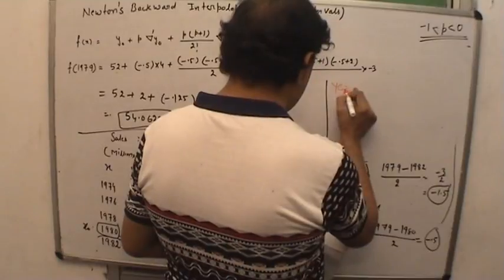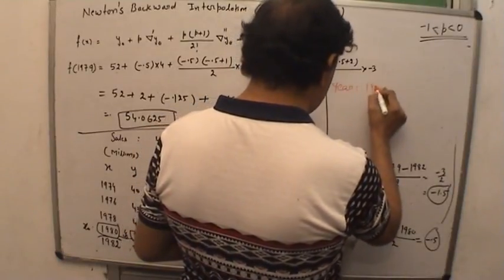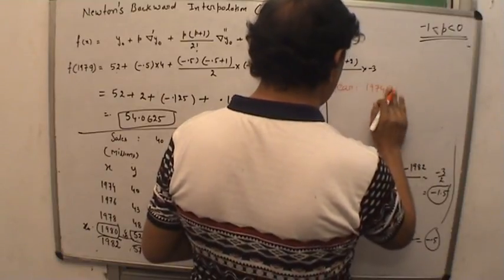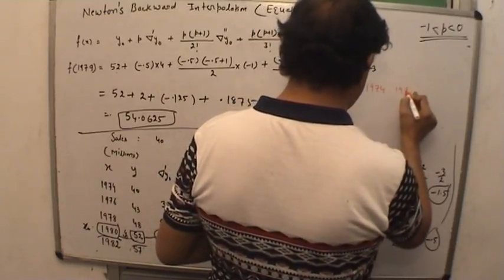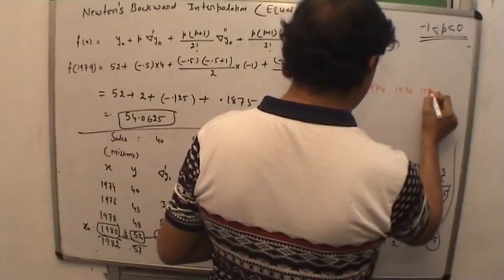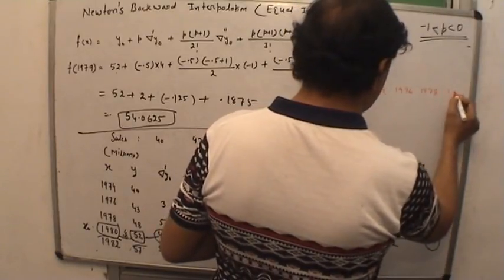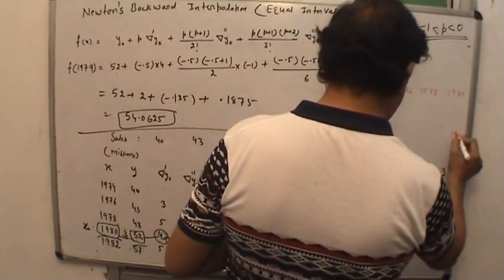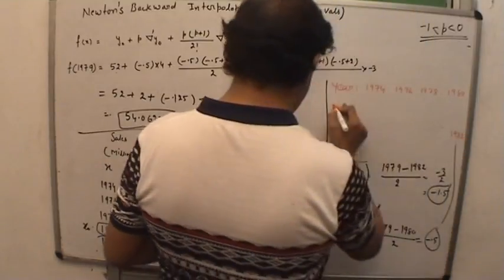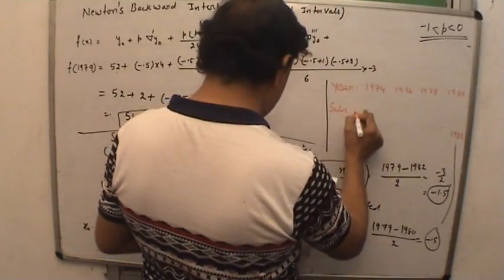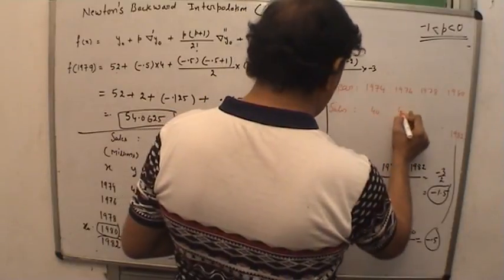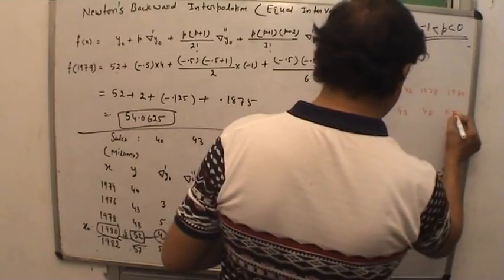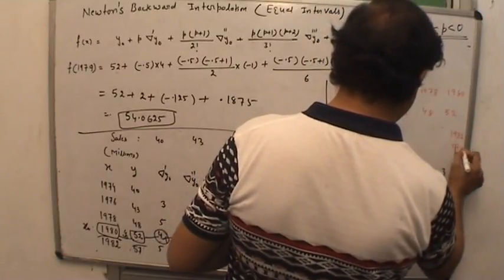Here 1974, 1976, 1978, 1980 and 1982, and the sales in millions were in this way: 40, 43, 48, 52, and here it was 57.